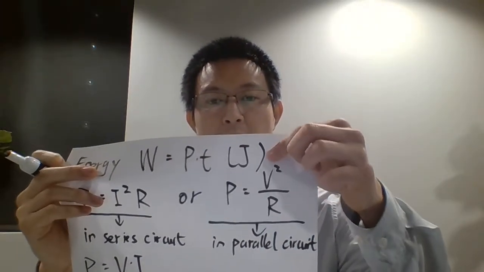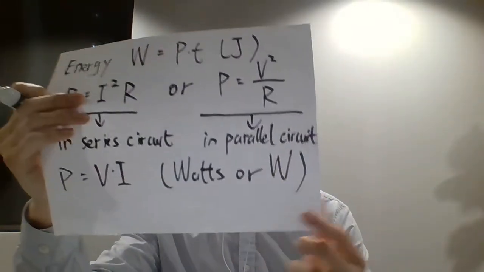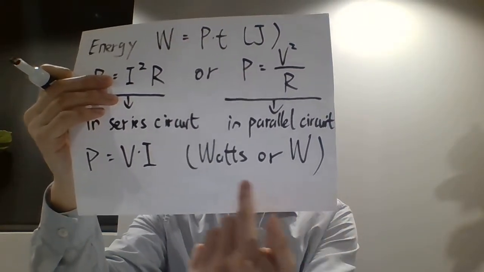Also, the unit of energy is the joule, or capital letter J. And the unit for power is the watt, or capital W. This is the unit of power.